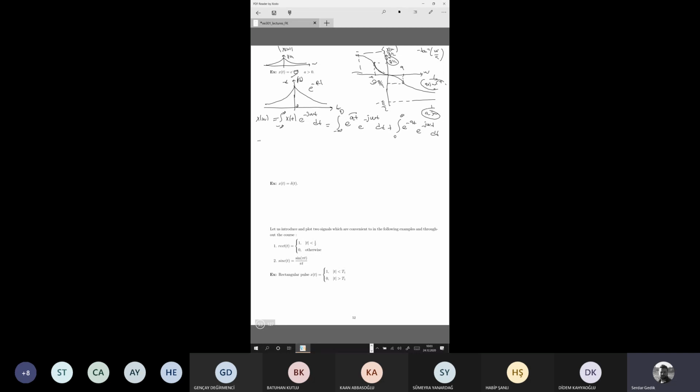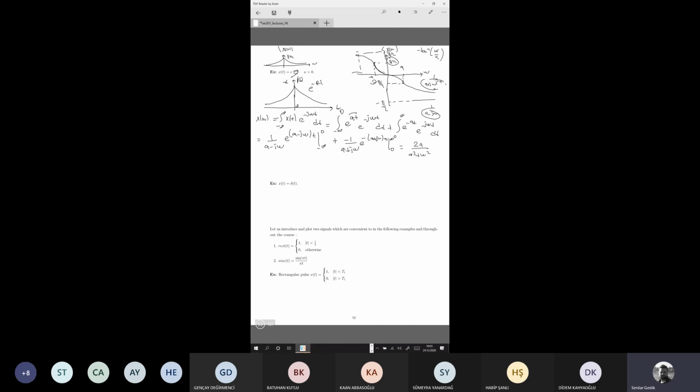Well, if you evaluate the integral, it is 1 over a minus j omega e to the power a minus j omega t from minus infinity to 0, plus minus 1 over a plus j omega e to the power minus a plus j omega t from 0 to infinity. If you evaluate this, I'll directly write that it is 2a over a squared plus omega squared.